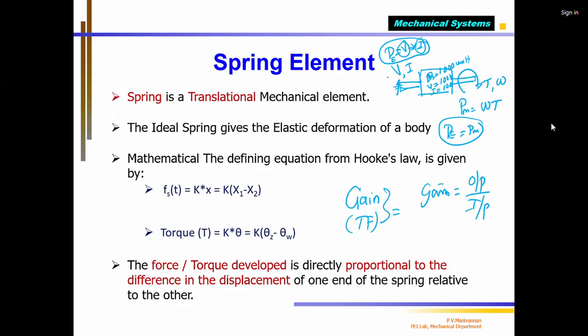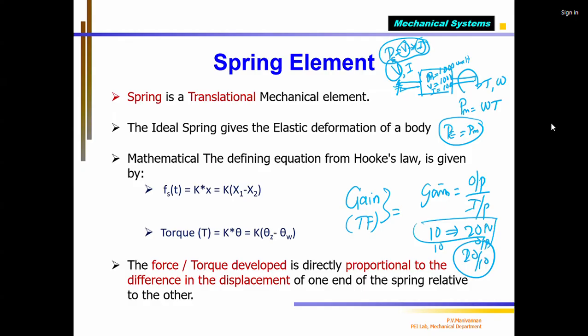What is your input? Voltage. For example, you applied 10 volts, and because of that, 20 Newton torque is coming. So what is the gain of the system? The output is 20, the input voltage is 10, so 20 divided by 10 is the gain of the system. You can get a number.